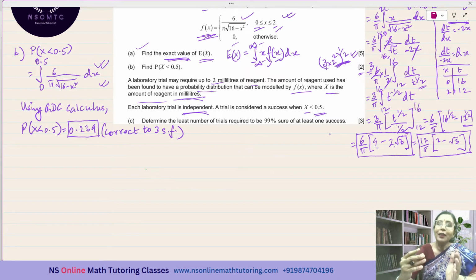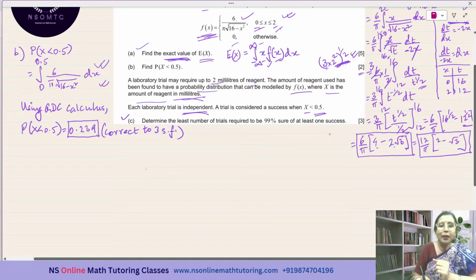So we are given that the trials are independent and we are knowing that we are having two outcomes. One is the success, another is the failure. And they are saying that, so part C of the question, determine the least number of trials required to be 99% sure of at least one success.